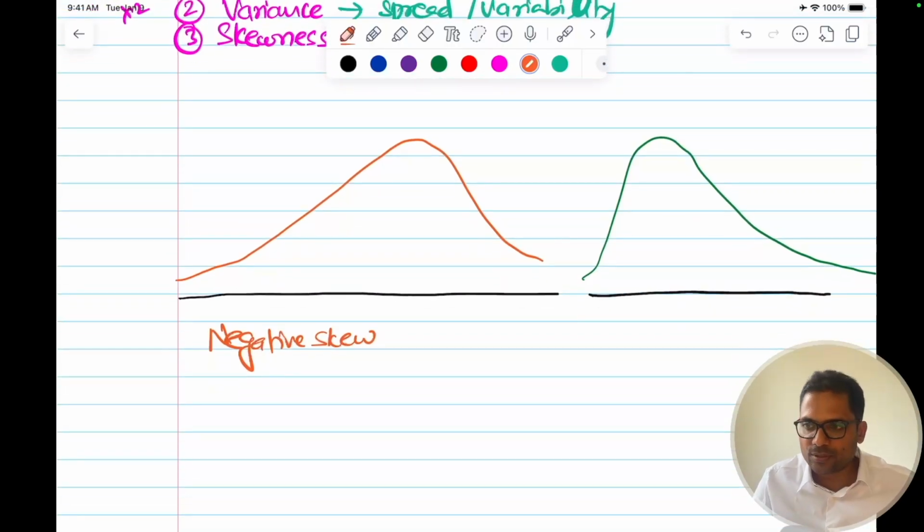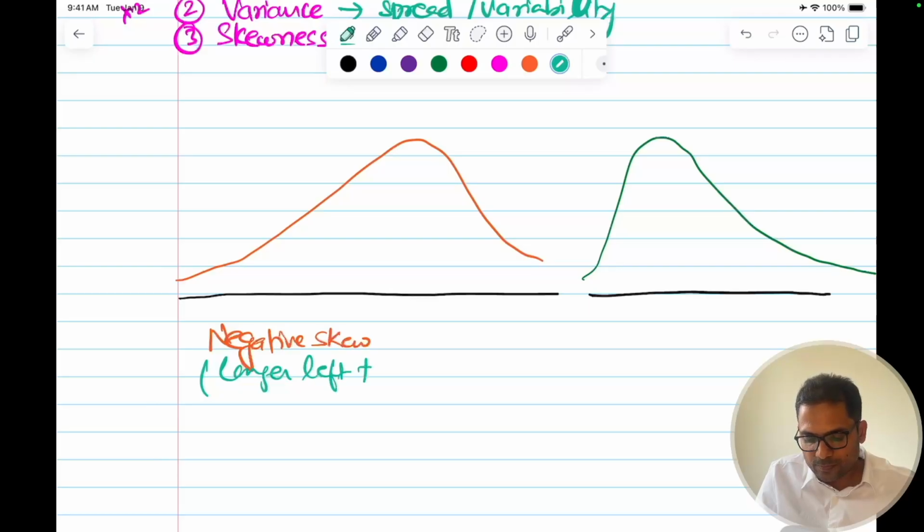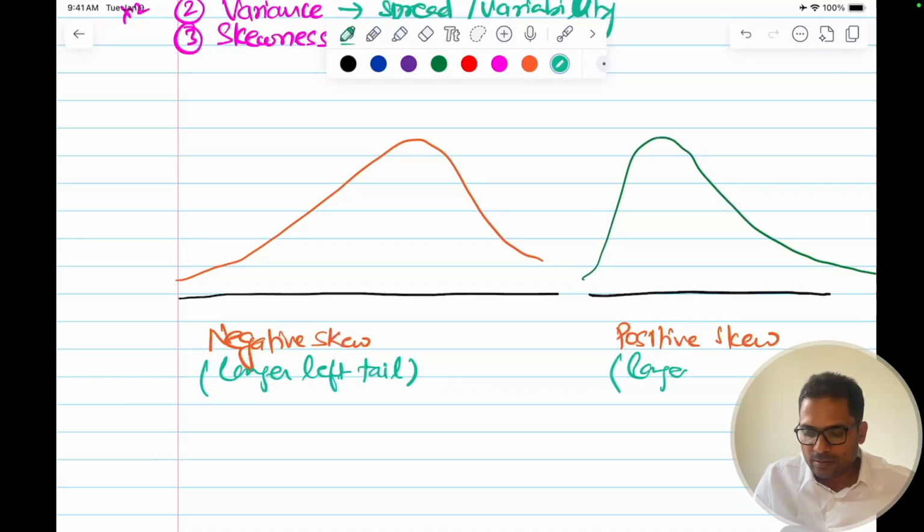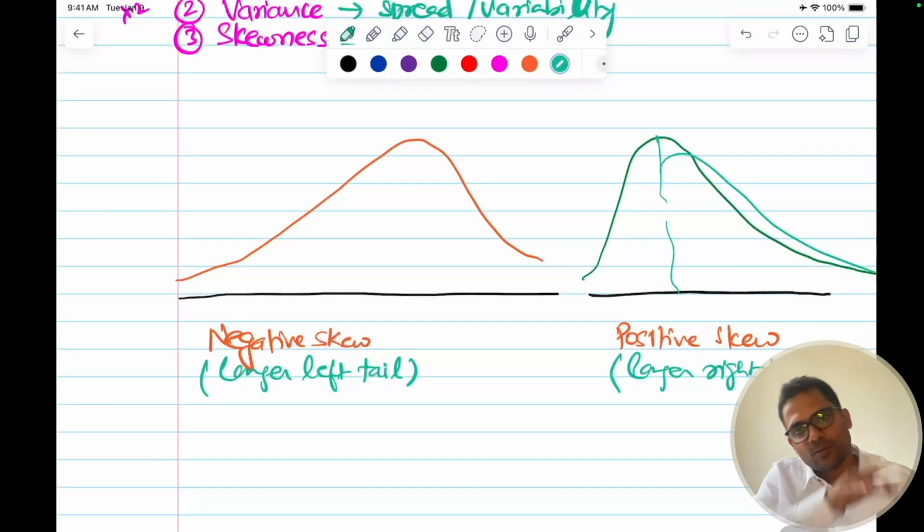So this is called negative skew, means we have a longer left tail, and the opposite would be positive skew, which is a longer right tail. If you see here, the curve, if it is the center, this is going more towards the right.